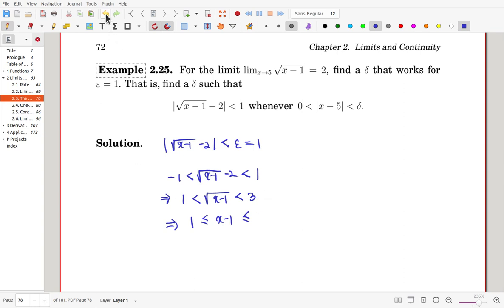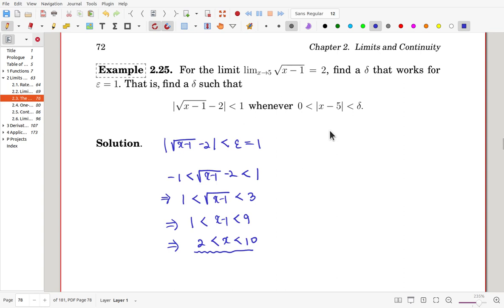Oops, I tried to make the equality sign here, but it's wrong. So x minus 1 is between 1 and 9, and now add 1. Then we have 2, x, and 10. So we found the interval of x: if x is between 2 and 10, then this will be satisfied.